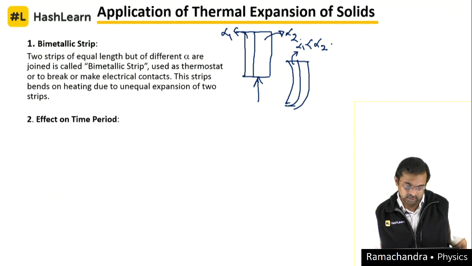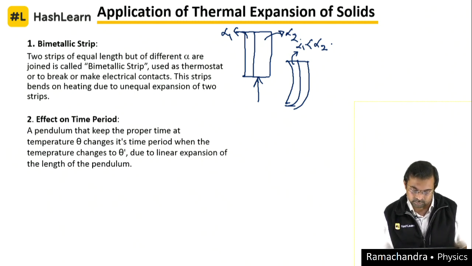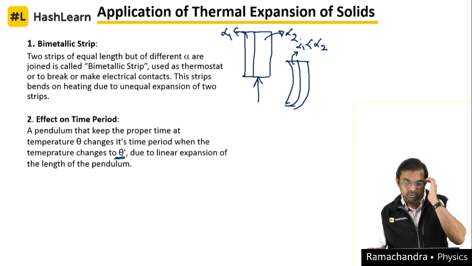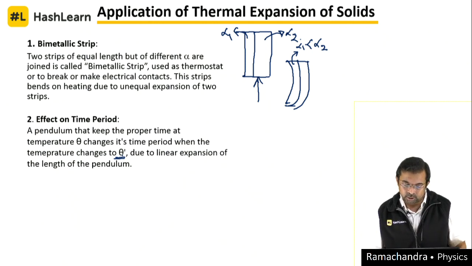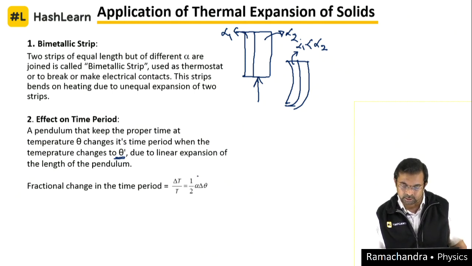So the second one is the effect on the time period. Generally these are the common questions in JEE. Let's assume that there is a pendulum that keeps proper time at a temperature theta, and it changes its time period when the temperature changes to theta dash. So due to linear expansion of length in the pendulum, the fractional time period is given by delta t by t is equal to 1 by 2 alpha into delta theta.